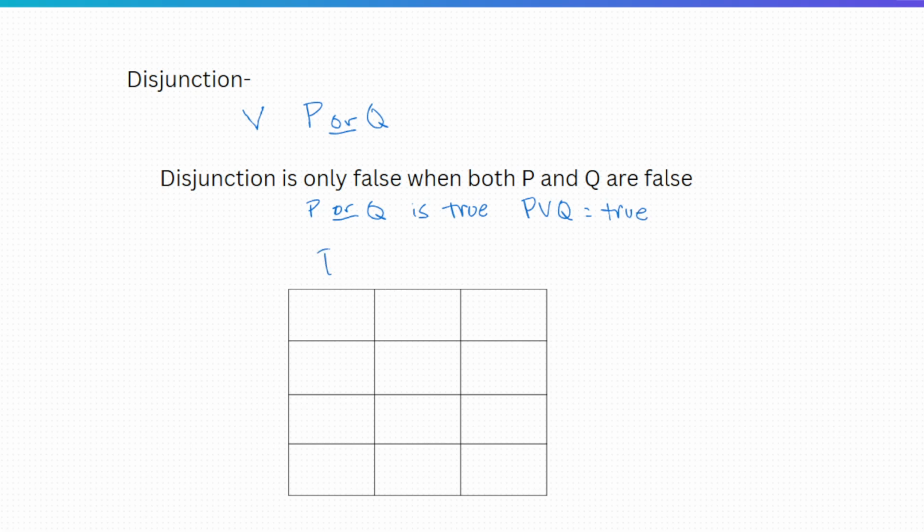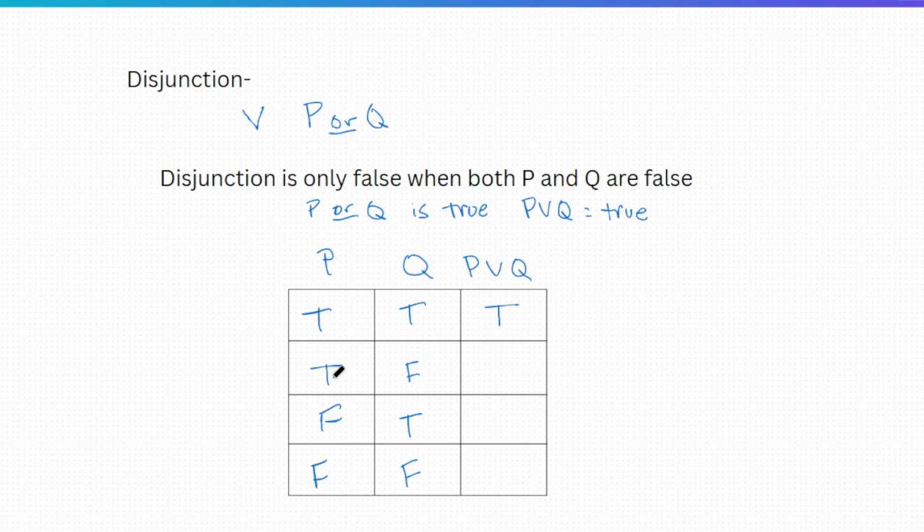Looking at our truth tables here, again we'll set it up true, true, false, false, and true, false, true, false. For the first one, P is true, Q is true, so our disjunction is going to be true.